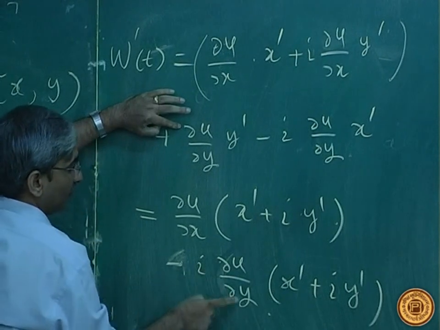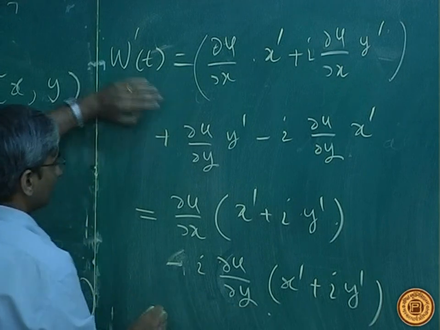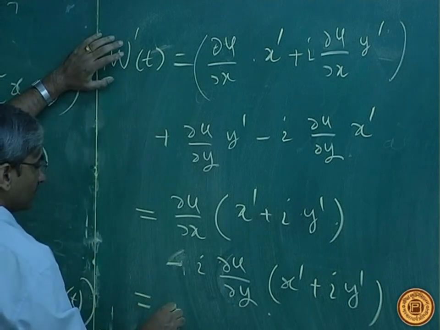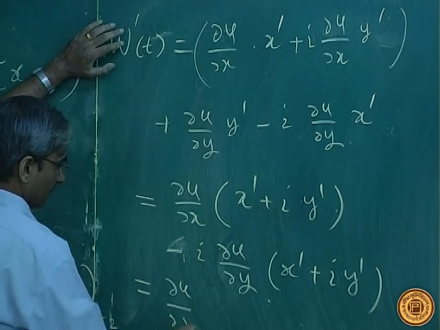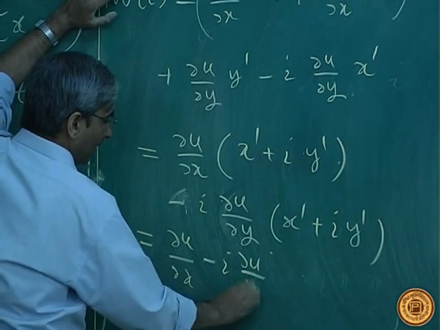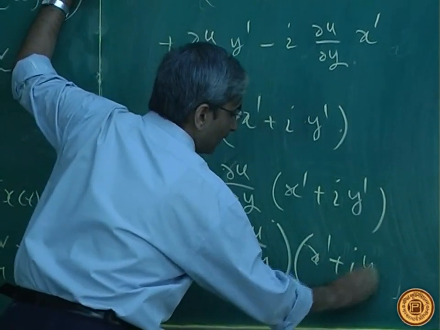So this is the ∂u/∂y, y prime term I have written here. So this is ∂u/∂x minus i ∂u/∂y into x prime plus i times y prime.